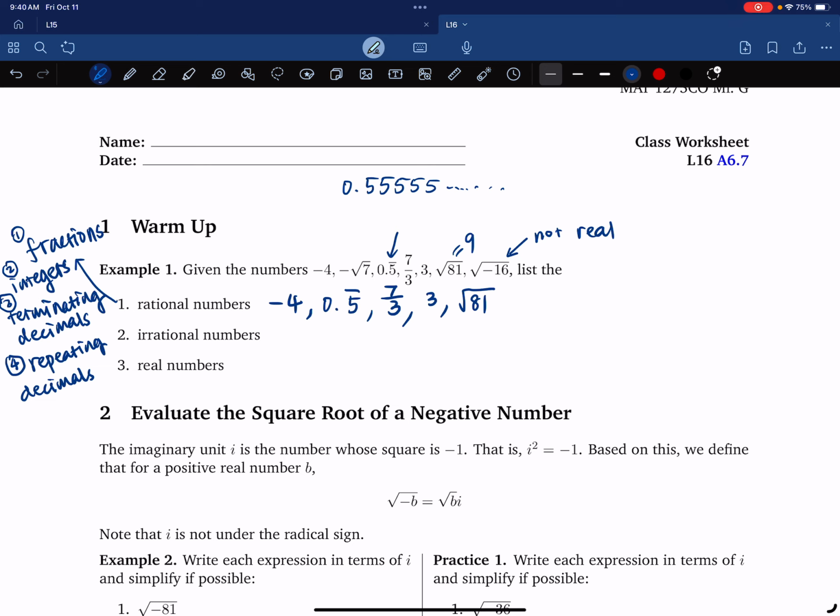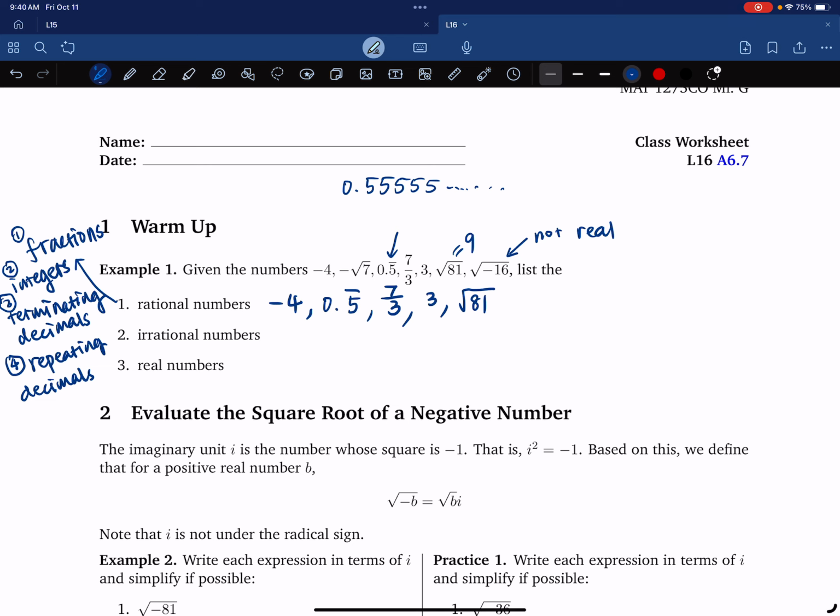Number 2, irrational numbers. So what is the definition? Since it's the opposite of rational numbers, the definition would just be any numbers that cannot be written as a fraction. But of course, it has to be real first. So real first and then irrational. So any real numbers that cannot be written as a fraction, that will be the irrational numbers. And we have a few numbers that we already categorized as rational numbers. So let's just see the ones that we didn't select.